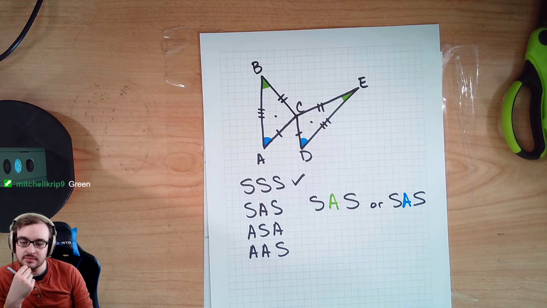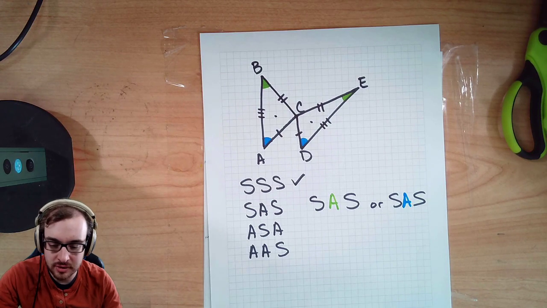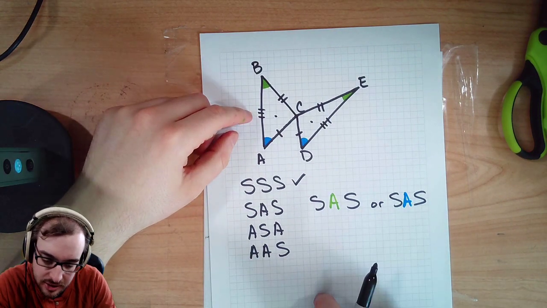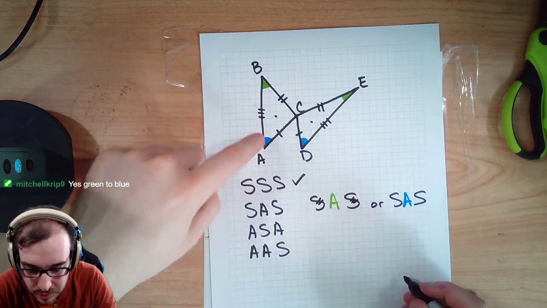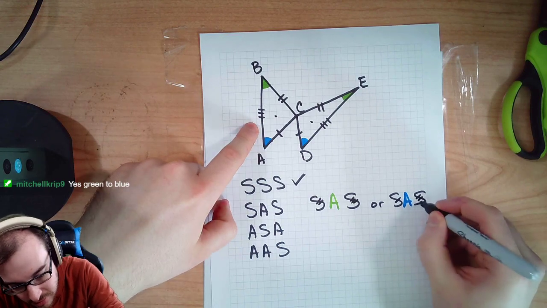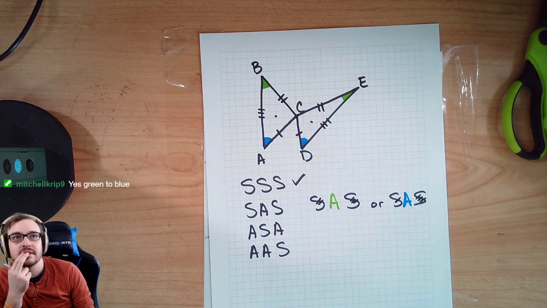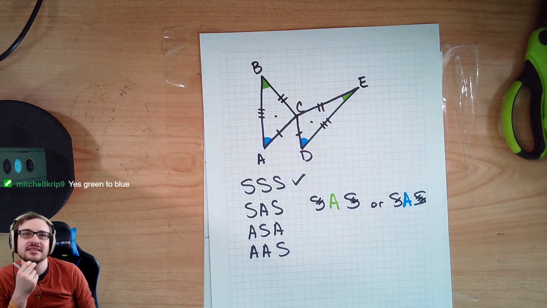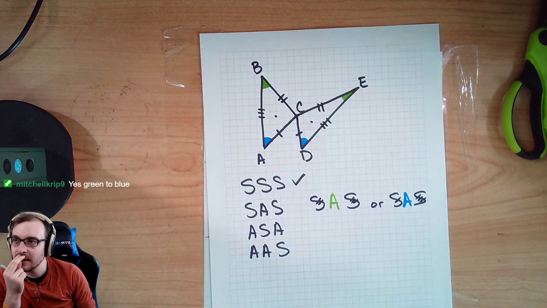Is that here? I wonder if I should start notating it like this. Side angle side, that's the 2 and the 3. And this one is the 1 and the 3. What about angle side angle? I don't know if I like that notation or not. Normally I just use colors, but I didn't end up using colors for the tick marks.